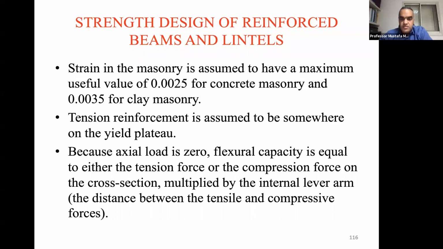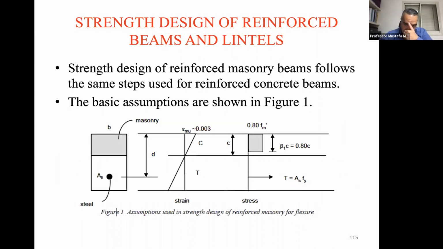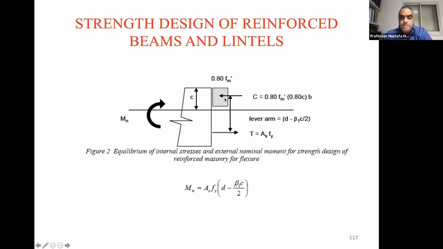The tension reinforcement is assumed to yield, and because the axial load is 0, thinking about a beam, the flexural capacity depends on these two forces, the steel and the masonry. So we have the resultant in the masonry, 0.8 f'm times 0.8c times b.